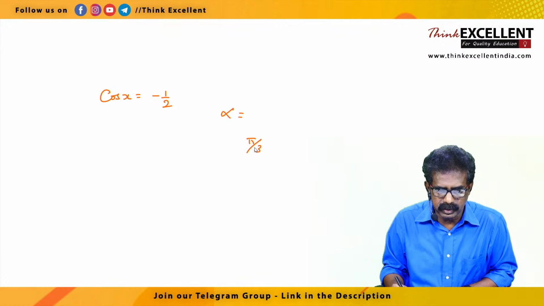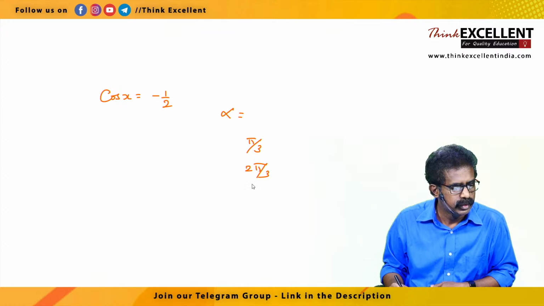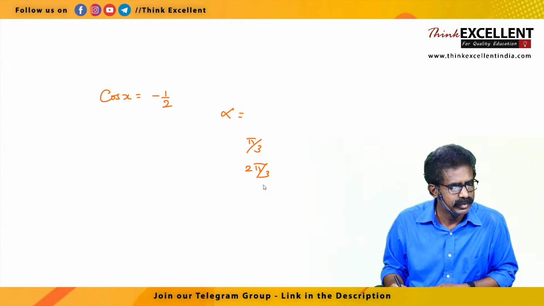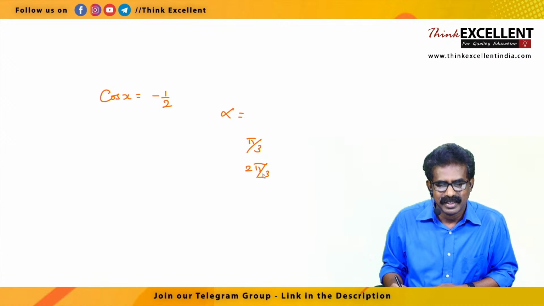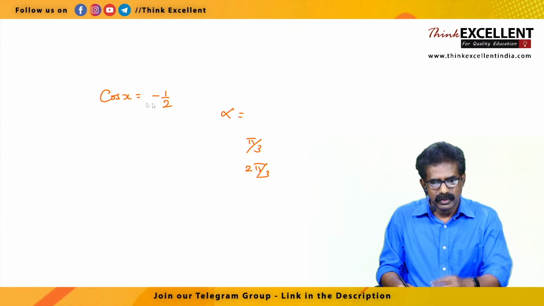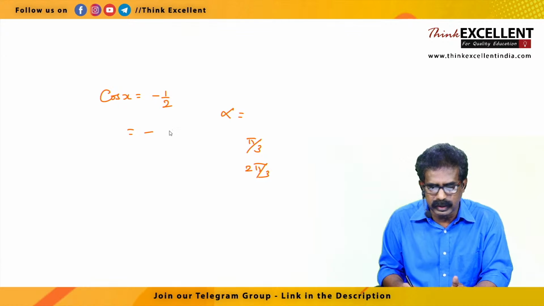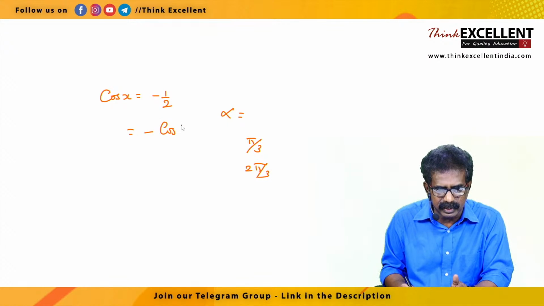I'll give some options if you want. Because for typing pi is not easy. Yes, Franklin? So you changed into degree. Okay, yes, it's the correct one. Okay, listen here. Cos x equal to minus 1 by 2. So minus 1 by 2 is same as cos which angle?